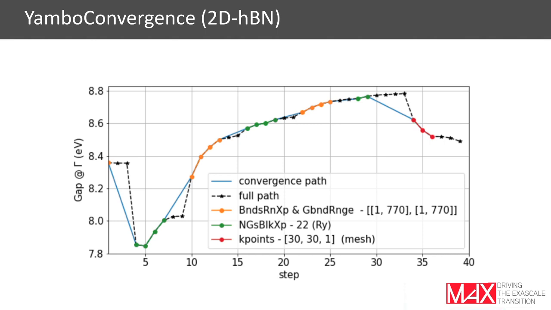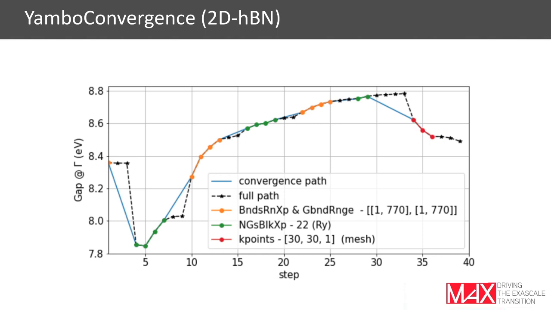Here we have a plot of what you can expect as a result of this workchain. The workflow performed about 40 calculations, so 40 steps, changing each time a given parameter or a group of them that you can distinguish with different colors. And at the end we have more or less convergence.